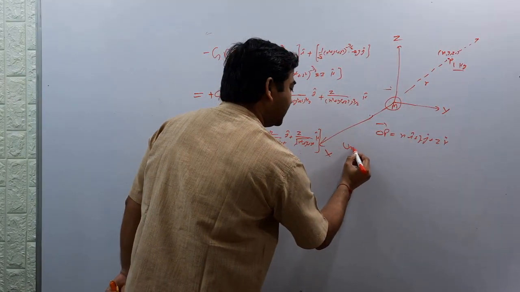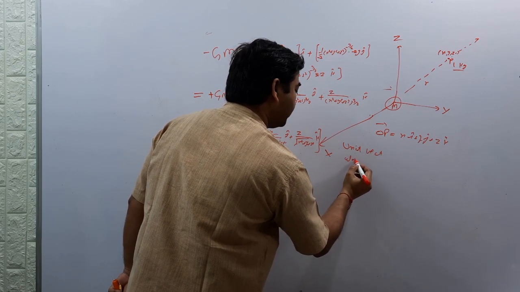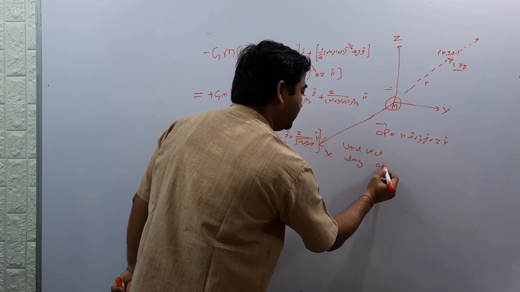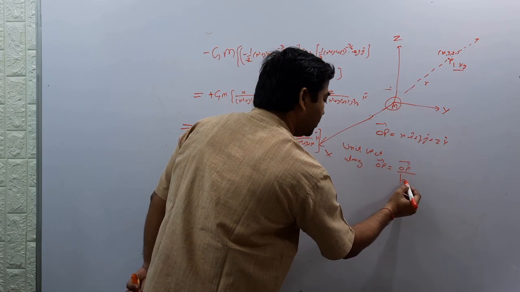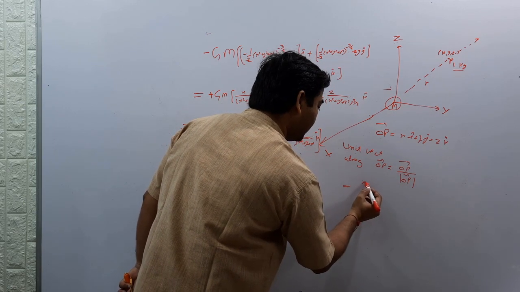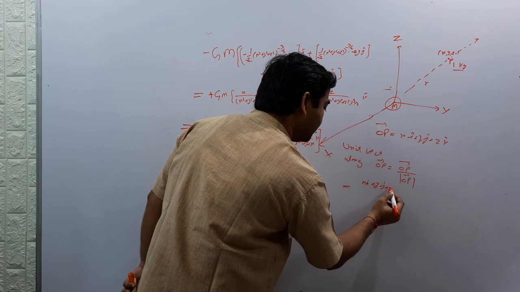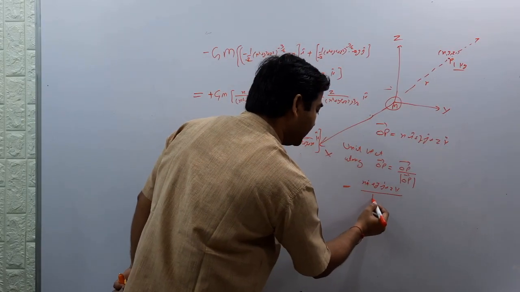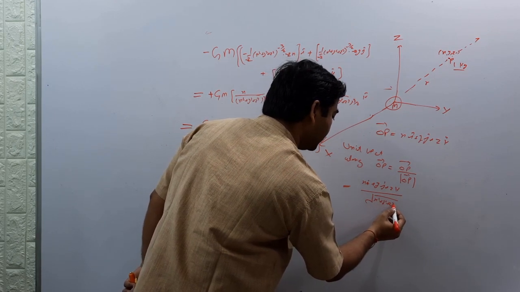So the unit vector along OP is equal to vector OP by mod of vector OP, and this is xi plus yj plus zk divided by under root x square plus y square plus z square.